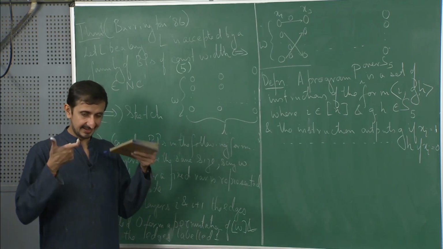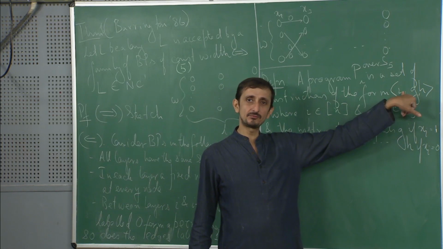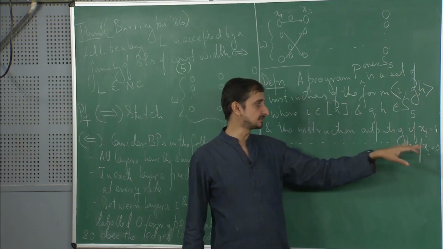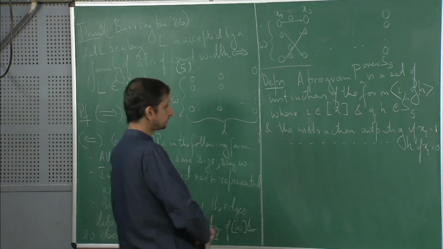Okay. So an instruction is said to output the first permutation if the bit xi is 1, and it is said to output the second permutation if that bit is 0.